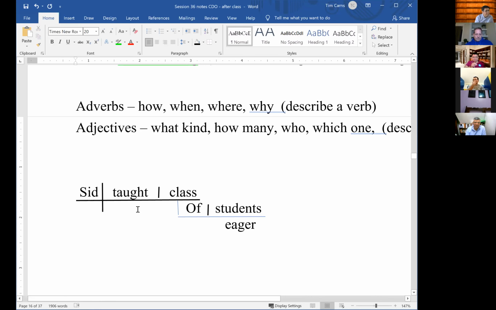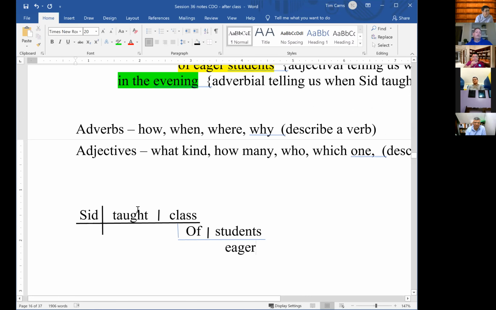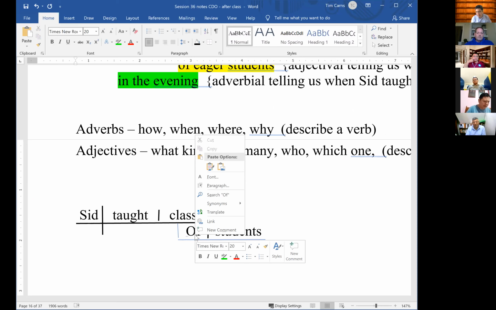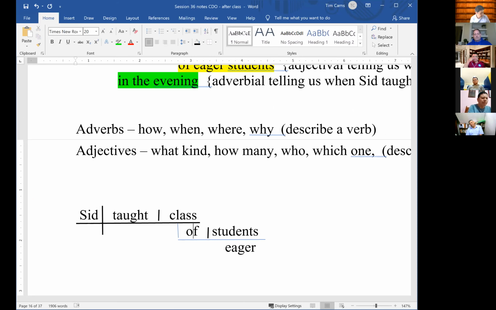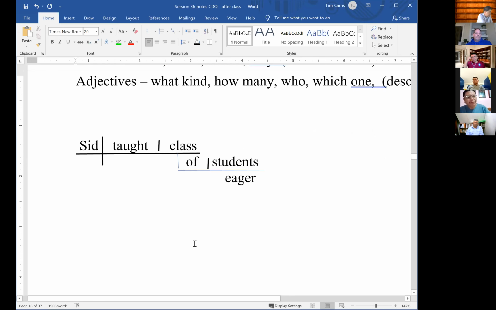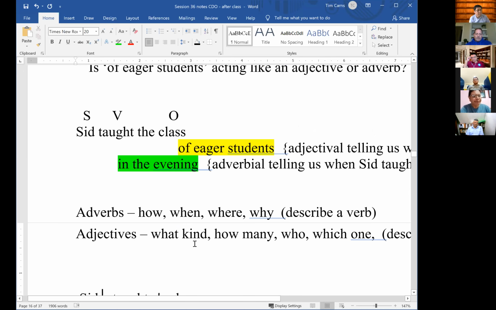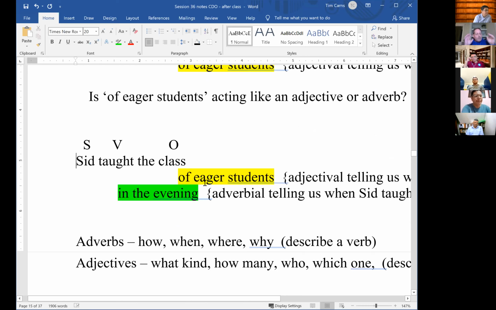And so this is really helpful when you're trying to figure out parts of speech. It's not so helpful when you're trying to understand how the passage is structured. All right. The diagram here is more helpful because right away you can see of eager students modifies class.